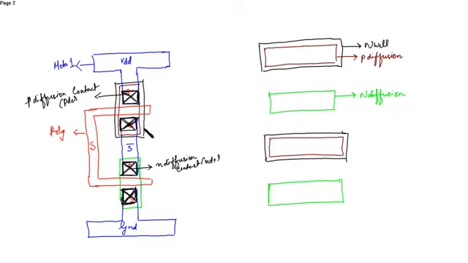Then after completing the diffusion contacts, you have to place the substrate contacts. So this is the N substrate and P substrate contact. This is the N substrate contact or the NWC contact.